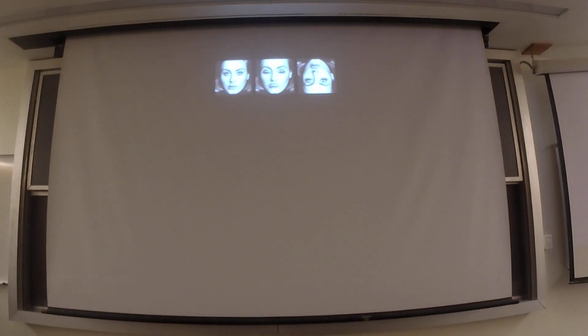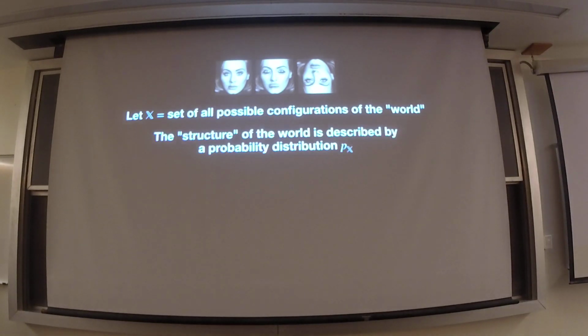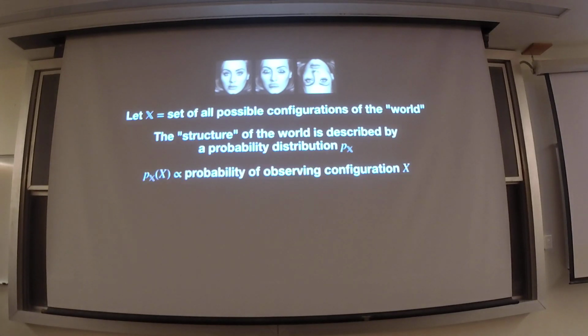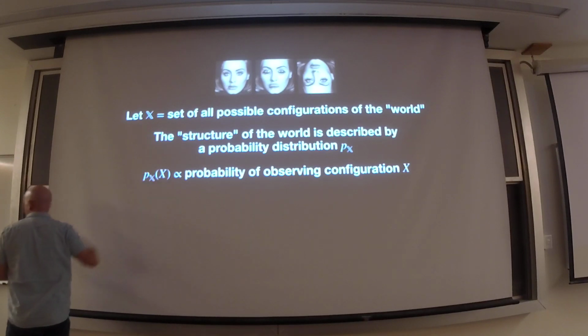Okay, so these haunting pictures of Adele are going to continue with this. A way to phrase this is to let this funny X be the set of all possible configurations of the world. The structure of the world is described by a probability distribution on that data set. That is giving us the structure. A distribution tells you the probability of any one of those configurations.